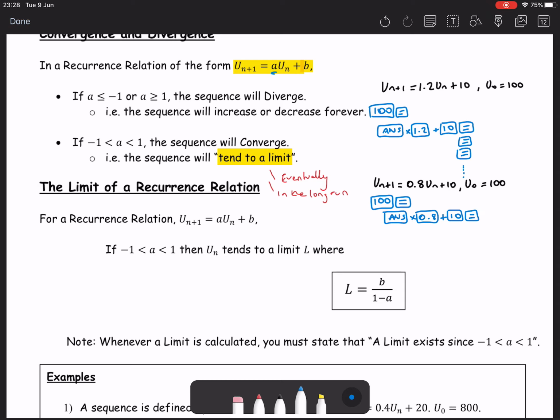Work this along with me in your calculator. So that 100 turns into u_1 of 90.